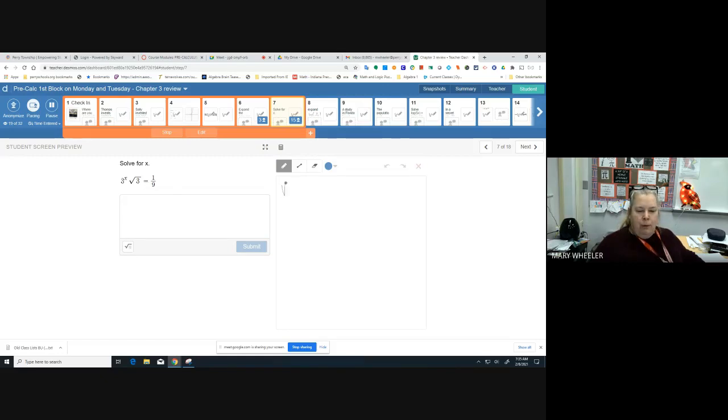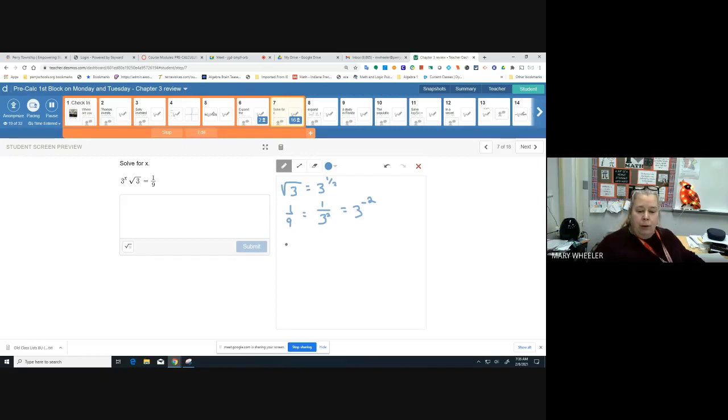So you have to remember that the square root of 3 is 3 to the 1/2. 1 over 9 is 1 over 3 squared, which is really 3 to the negative 2. That right there is the trick to the problem.